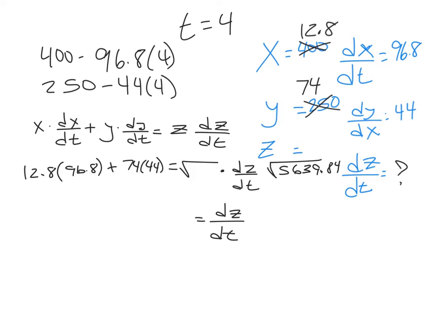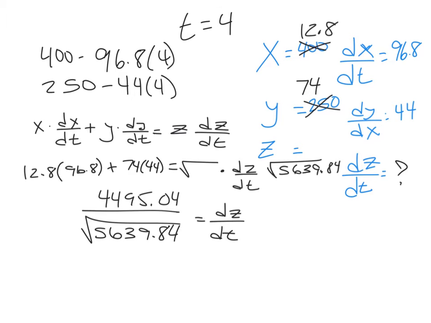Let's see, 12.8 times 96.8 plus 74 times 44. So we get 4495.04 divided by the square root of 5639.84.